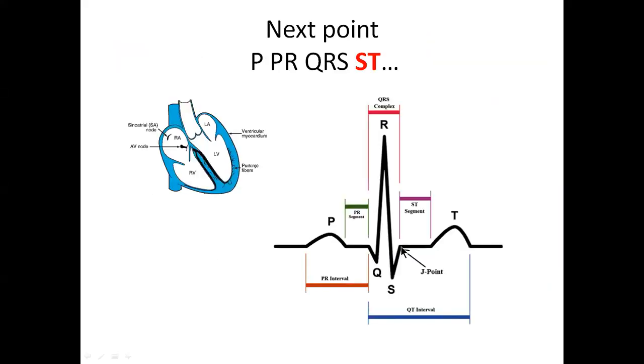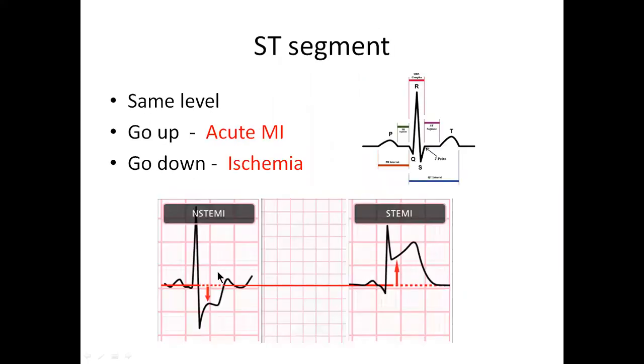Now, remember the ST, that is at the end of the S, you get the J point and then it's usually an isoelectric part, usually at the baseline. Now, three things can happen.